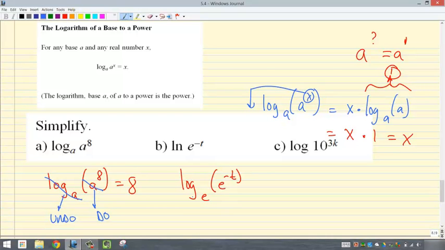So once again, the e in the log and the e in the exponent cancel each other, and you just get negative t for an answer. And then finally this last one, log, that's the common log, so that's base 10, of 10 to the 3k power. So again, the base of the log and the base of the exponent cancel, and you're just left with 3k.